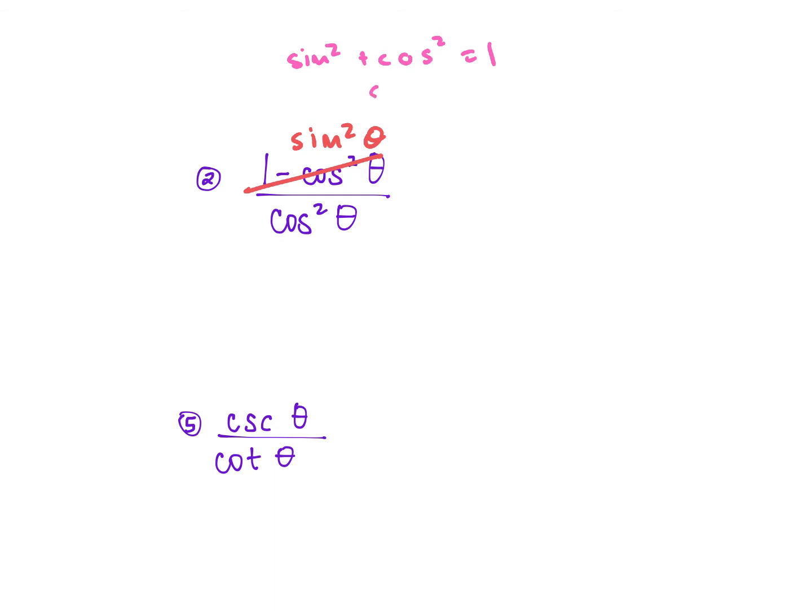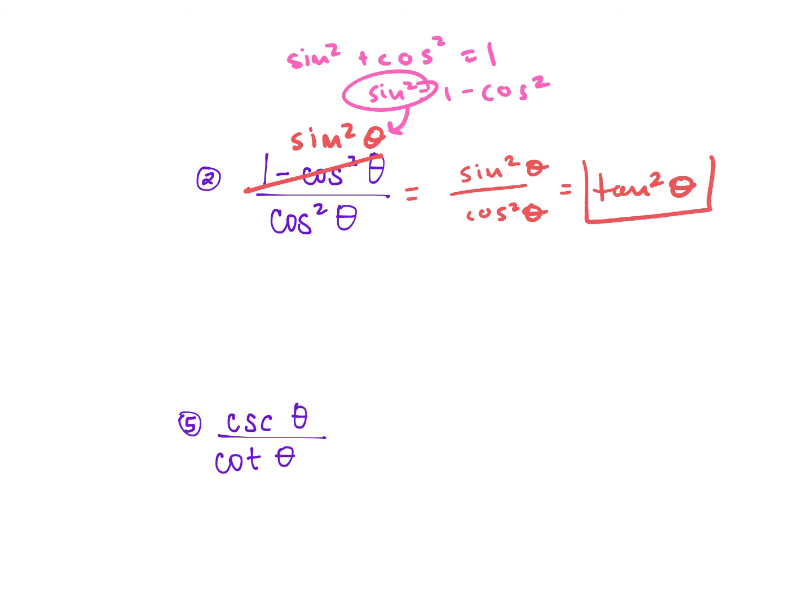So we can manipulate this and get sine squared is equal to 1 minus cosine squared. So we know that 1 minus cosine squared is sine squared, so we just plug that in. So I have sine squared over cosine squared. What can I do next? Awesome. This is tangent squared. And once I get just one term there, I'm done. Any questions here?